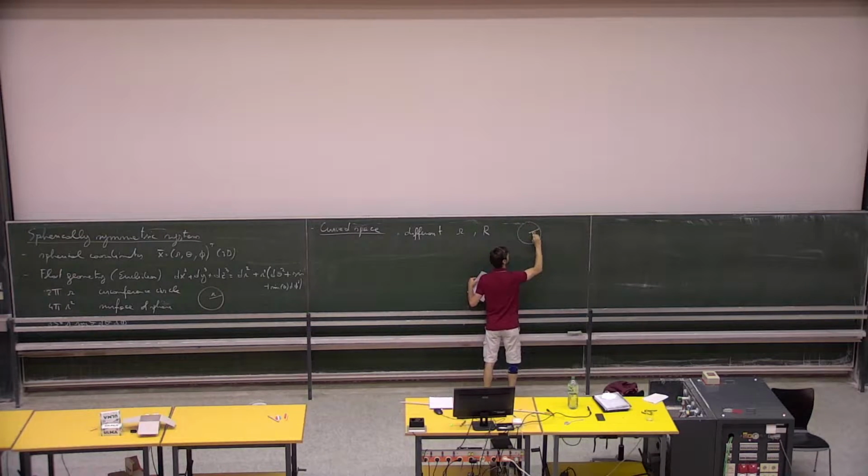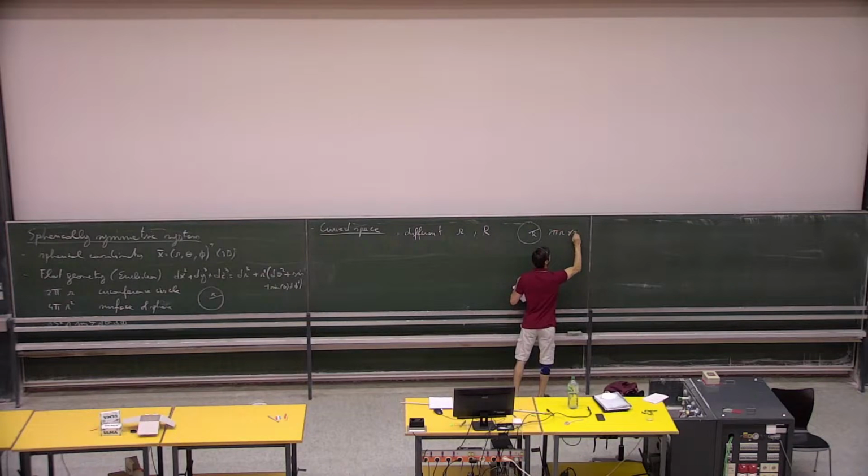The sphere has radius r, but if you measure the separation, if you want to measure the circumference, you use 2 pi r, which is different than 2 pi r. Okay? So these two are different. Same goes for the surface of the sphere.